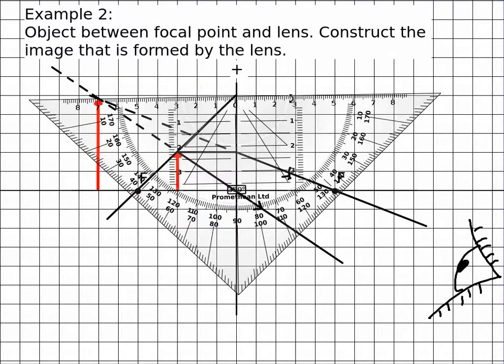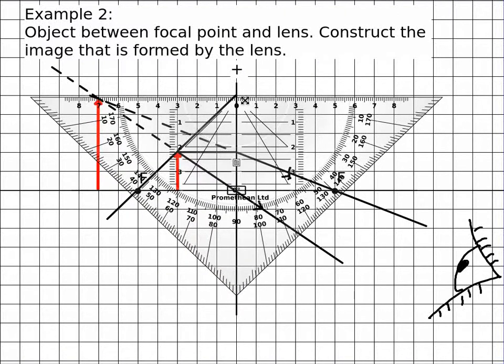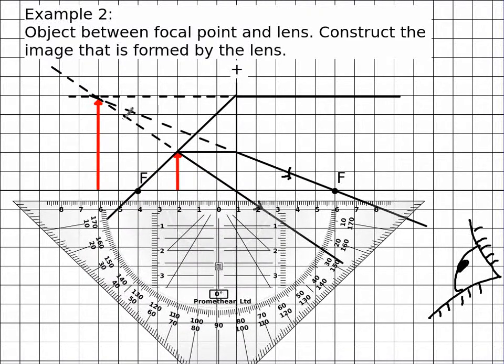Now this ray of light, parallel to the principal axis, will appear to be coming from this direction. And you can see that if you create a dotted line, you will reach the same point where the other two principal rays appear to be coming from.